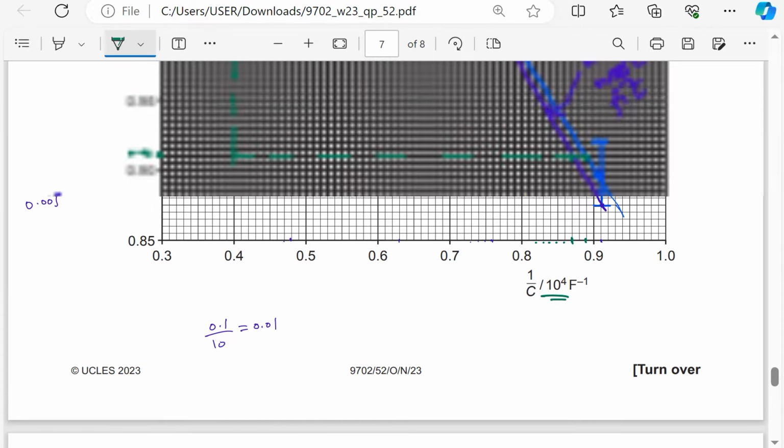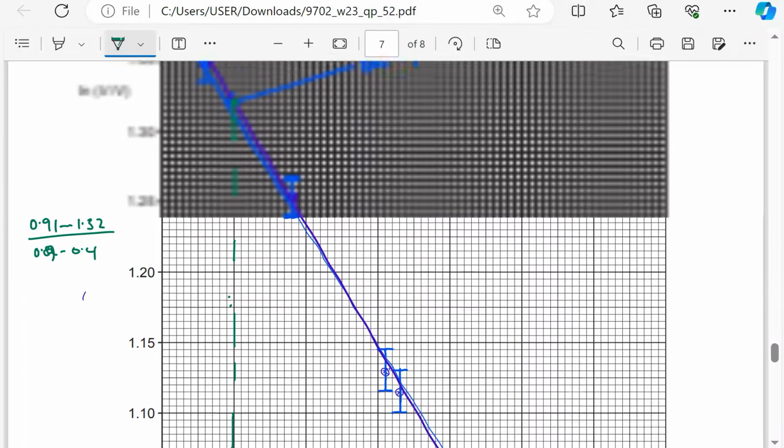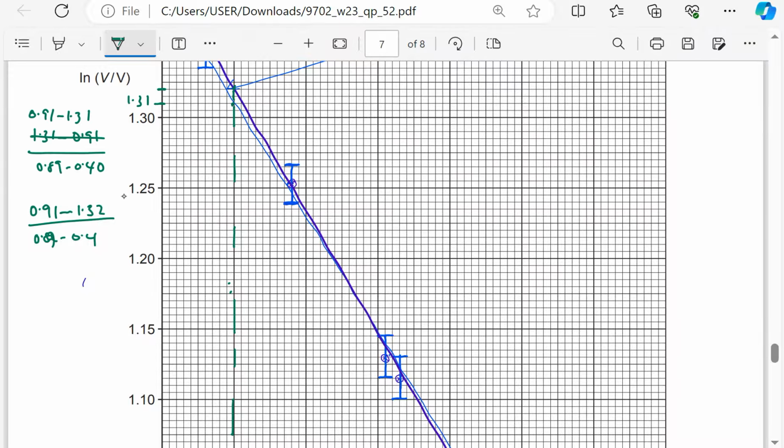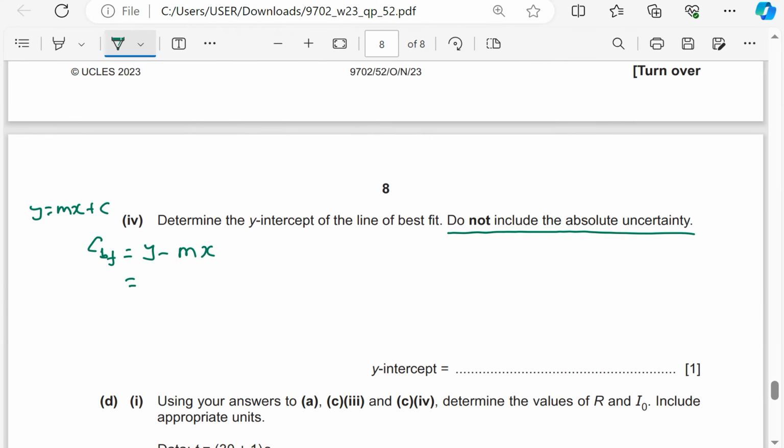So I'm going to use, let me look here, let's say using these values here, 0.91 and 0.89. So the y value is 0.91 minus the gradient times the x value, which is 0.89 times 10 to the power of minus 4.